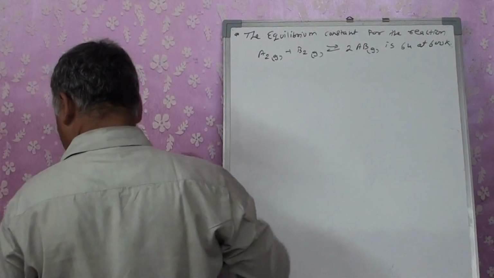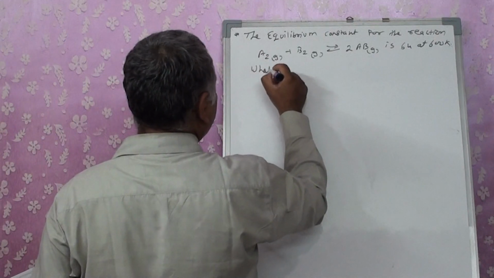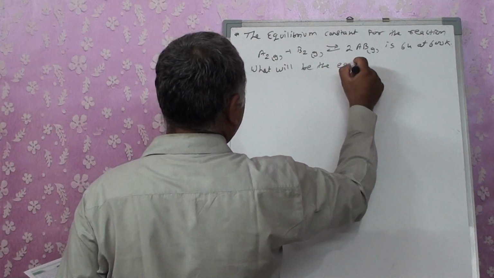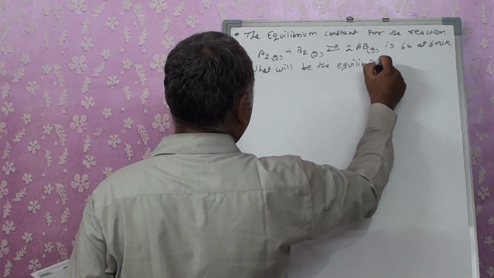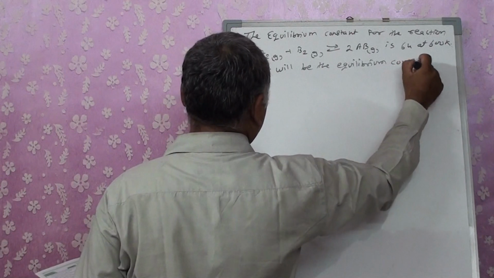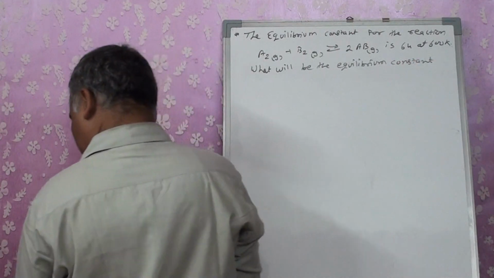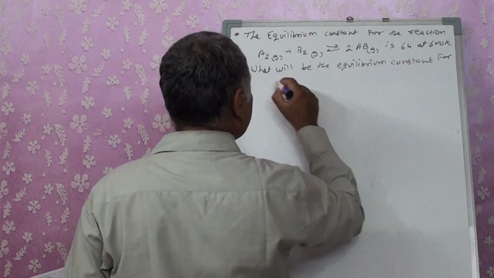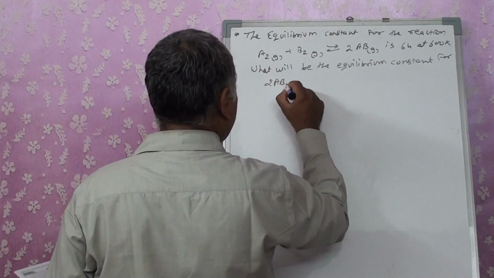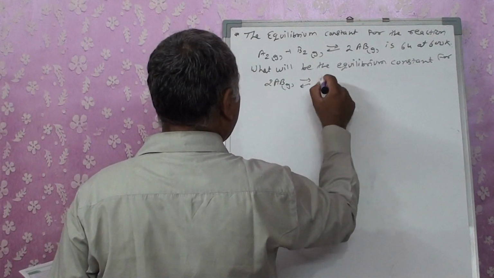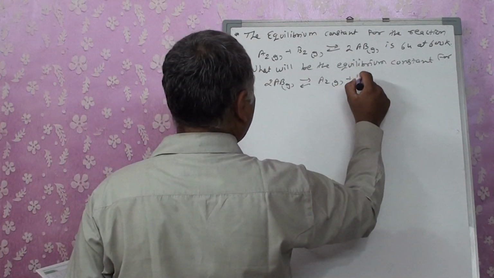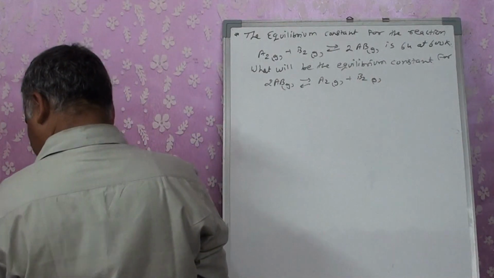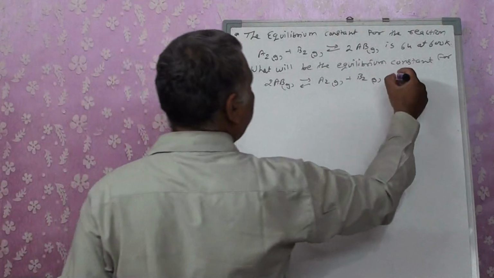What will be the equilibrium constant for 2AB getting converted into A2 plus B2 at the same temperature?